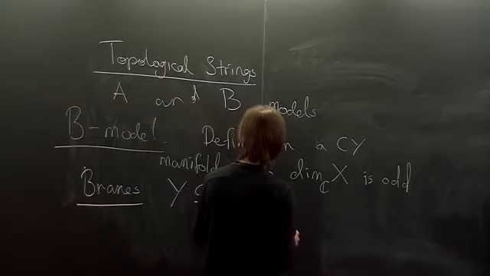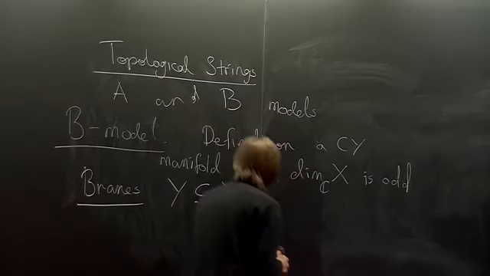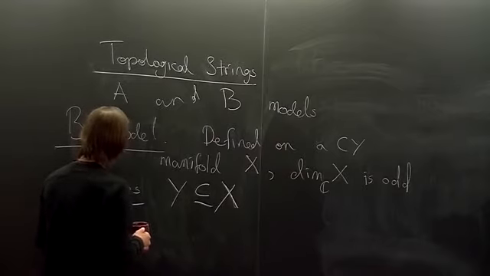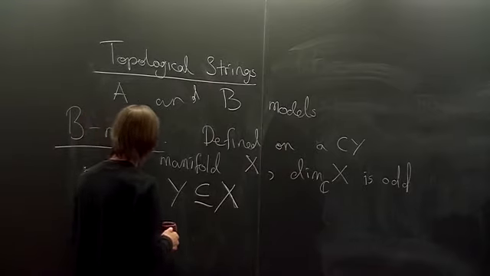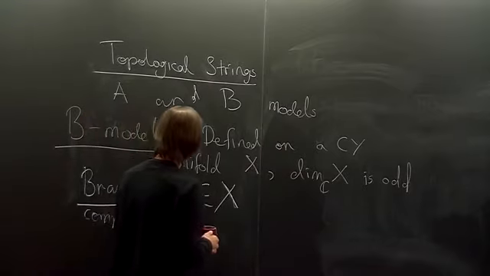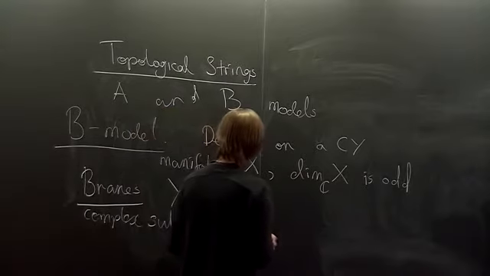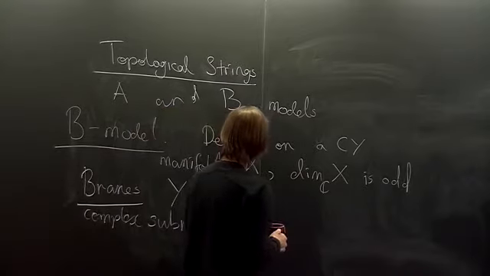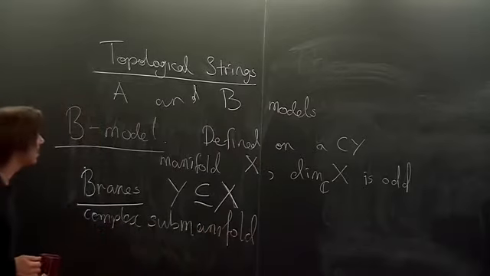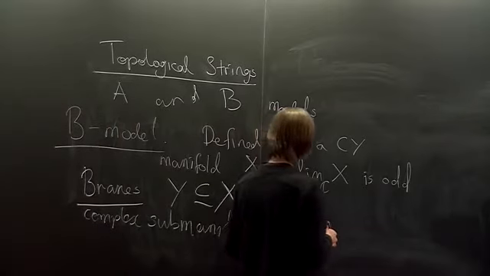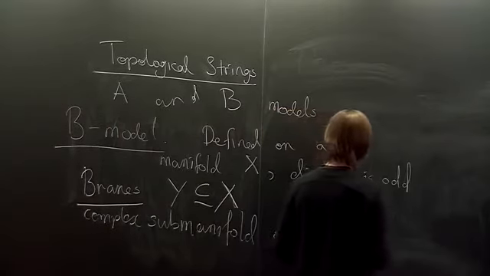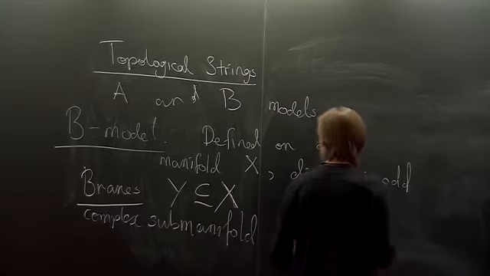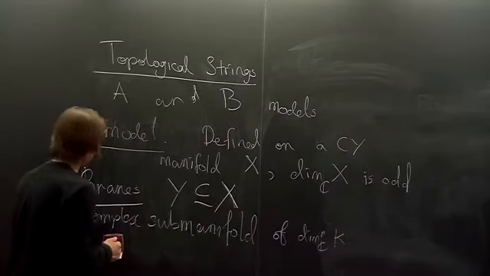Suppose I take a complex submanifold of dimension k, complex dimension k, then there is a B brane living on it.